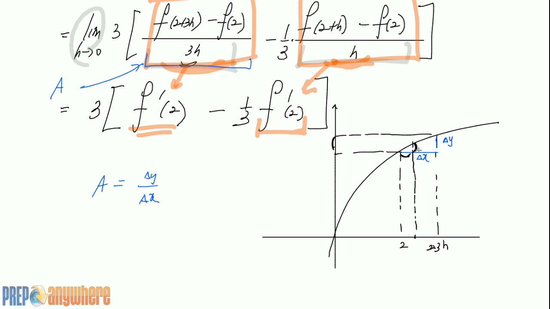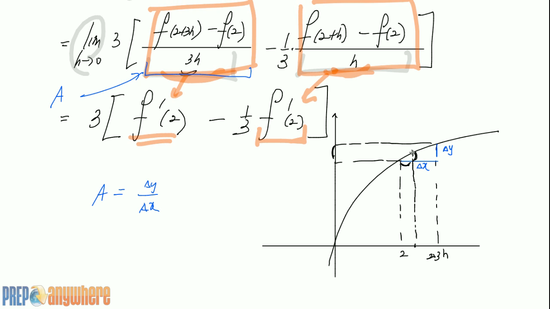The top and bottom are smaller, the delta y and delta x are smaller, but the ratio isn't necessarily smaller. Here's another fact that's really important. We're considering the ratio as delta x, in other words as h, approaches 0. This is definitely approaching 0 slower than this one. But where are they both going?